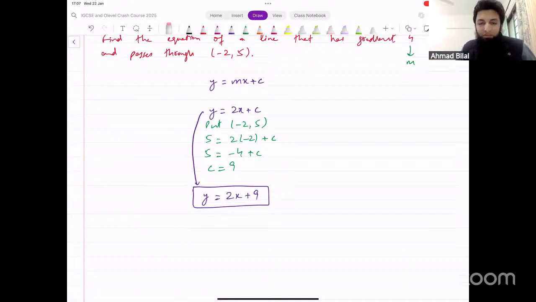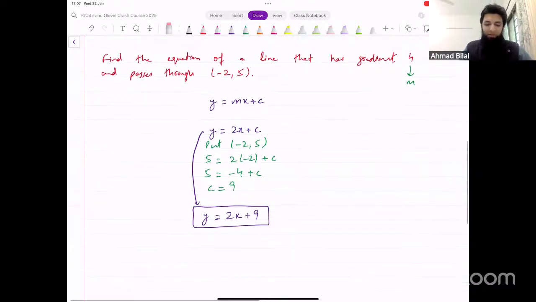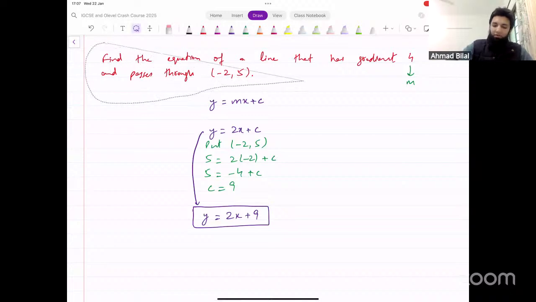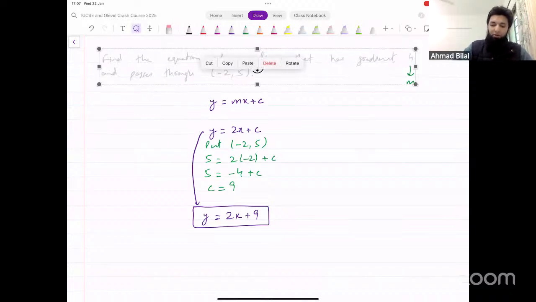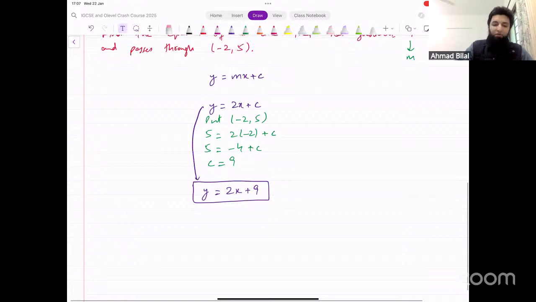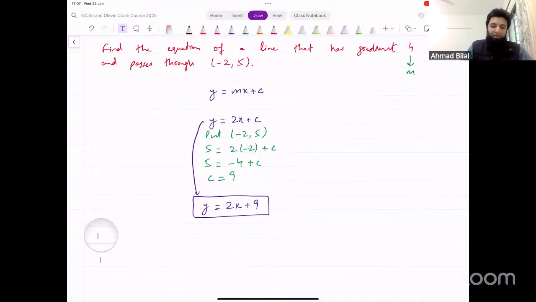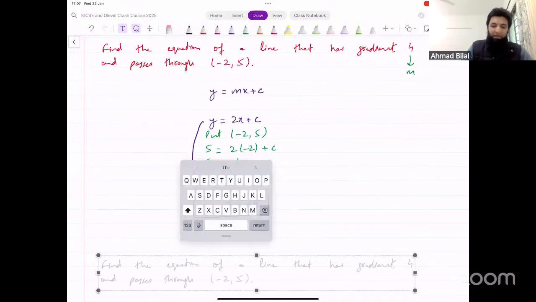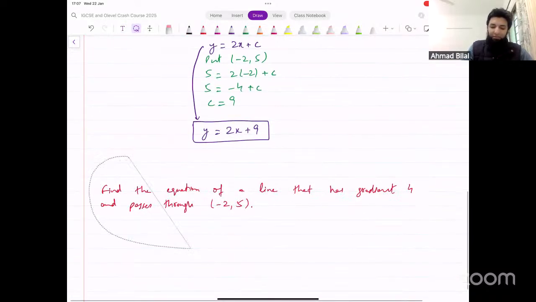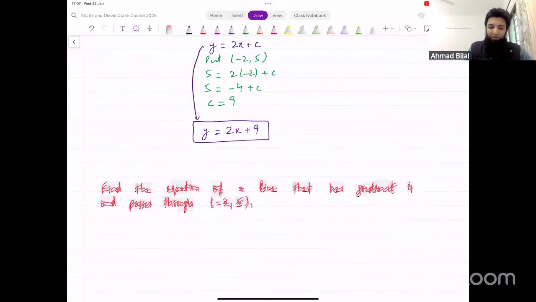Okay, that's another possibility. Now, it could also be that they don't give you the gradient as well. In this case, the gradient was given, but instead of the y-intercept, we were given any other random point.